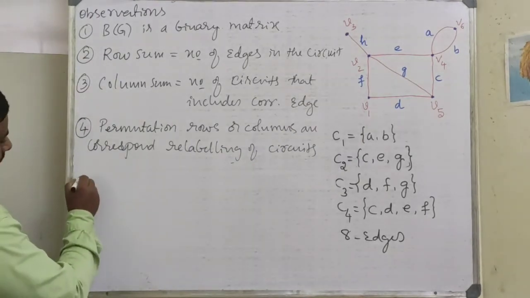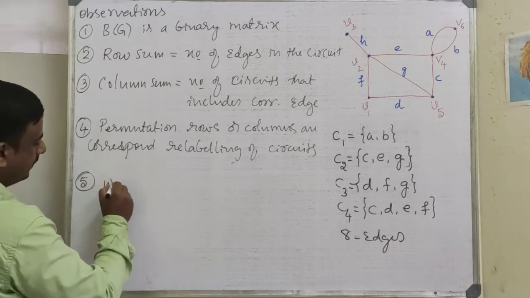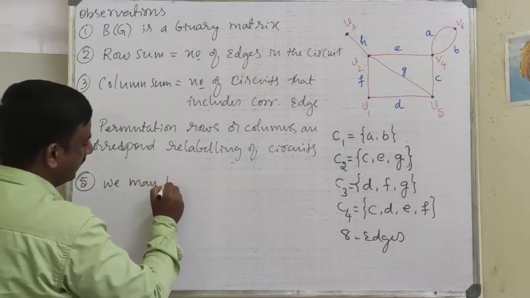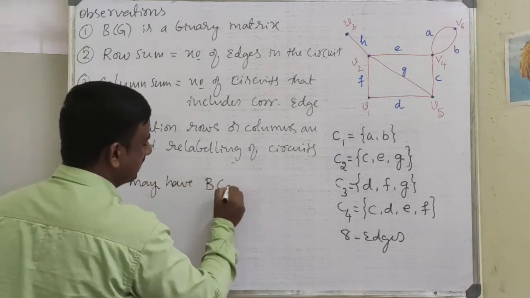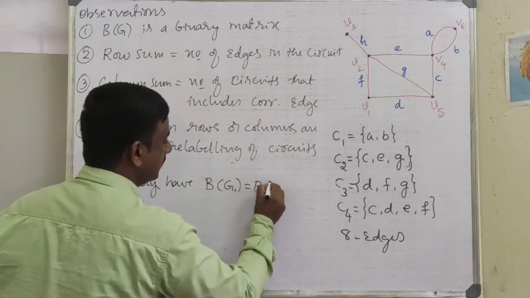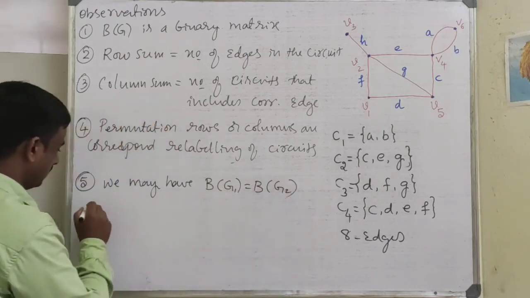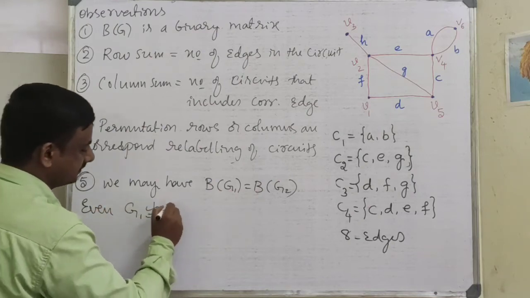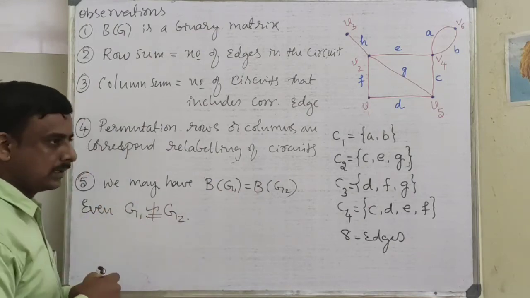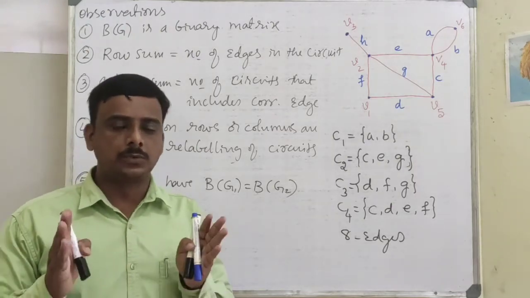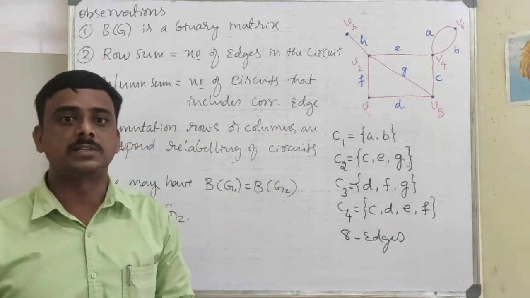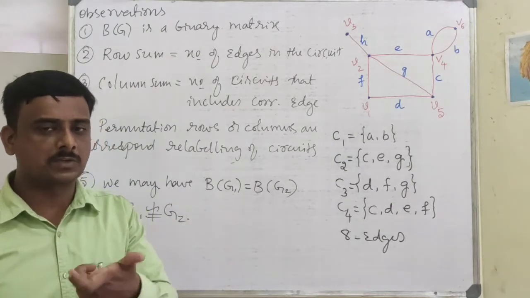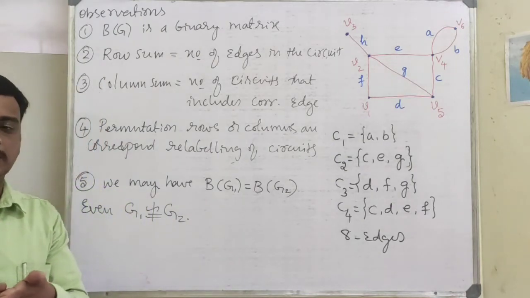5.5: we may have B of G1 equal to B of G2, even though they are not isomorphic. That means we can take two different graphs which have the same circuit matrix, but that is not true in the case of adjacency matrix.